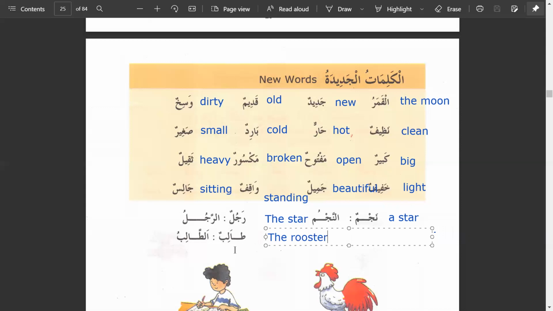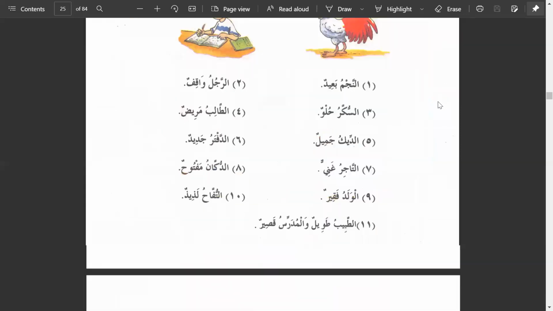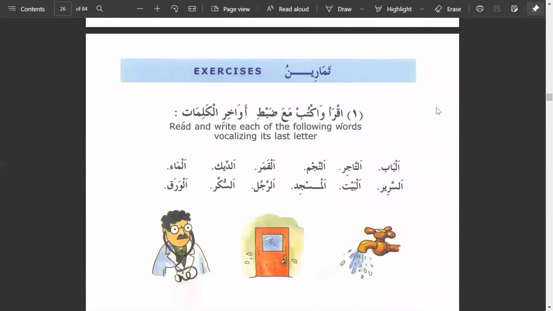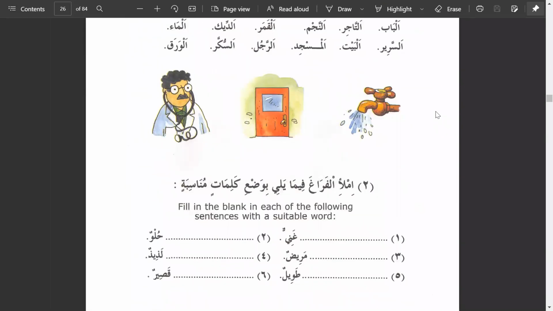Talibun, a student, at-talibu, the student, right? Good. Okay, so I'm going to erase all these and then we can go to the next page, inshallah. Again, these are exercises and you are going to write these exercises. These are for you. Okay?